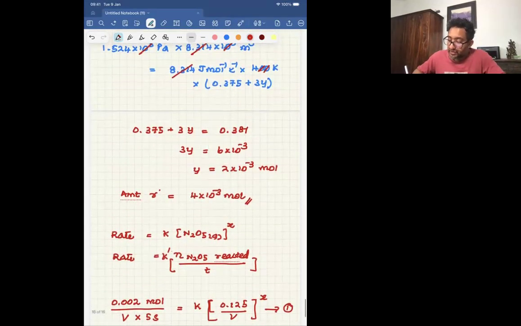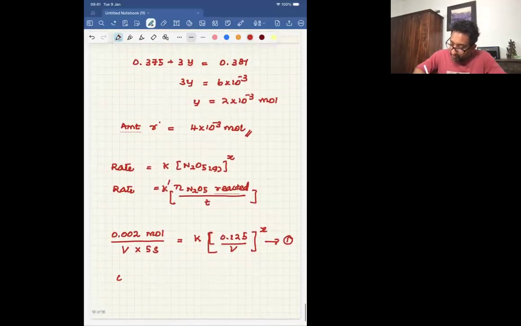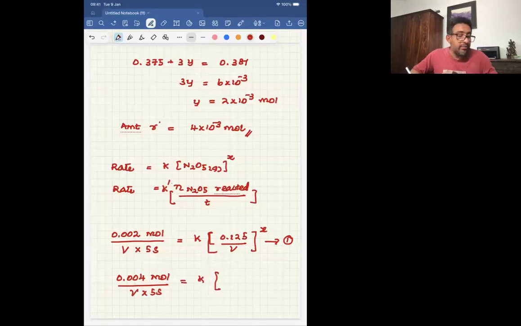Equation 2, the next one. How much has reacted? 4 × 10^-3, 0.004 moles, the second one, divided by volume times 5 seconds is equal to K times the number of moles, 0.25 divided by V, to the power x.